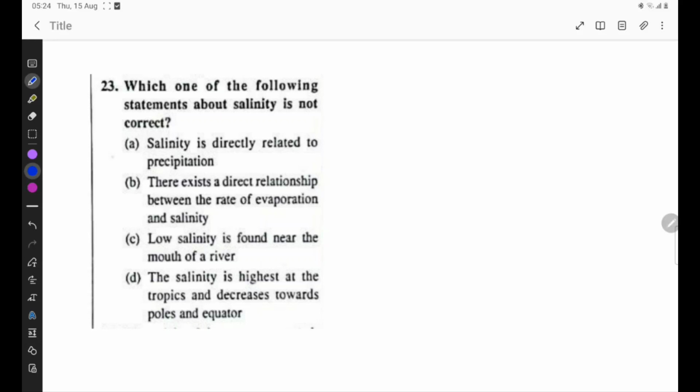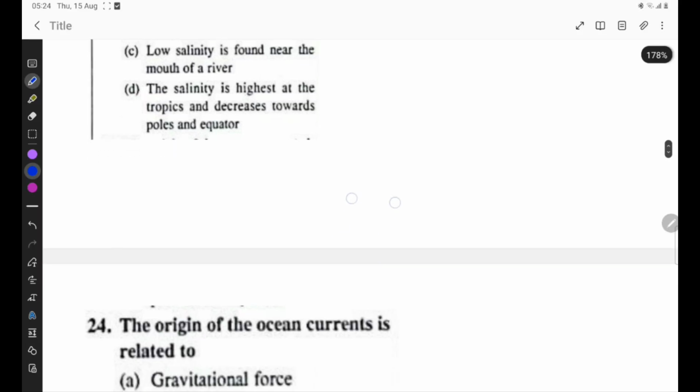So salinity is a function of multiple factors. Alright, so that is why option A is the answer here, because the other three are more logical. Alright, so let's move on to the next question.